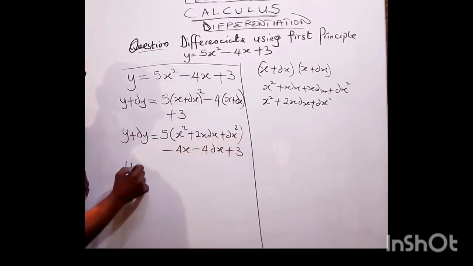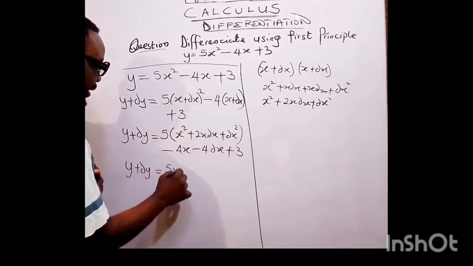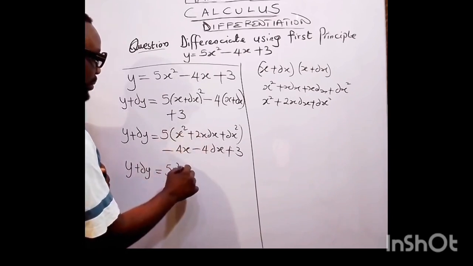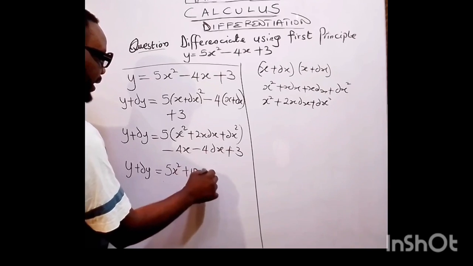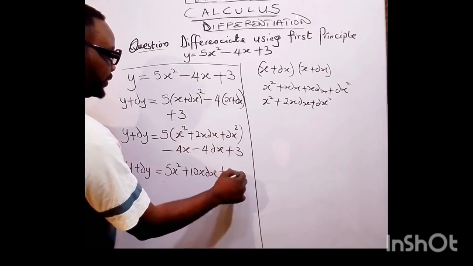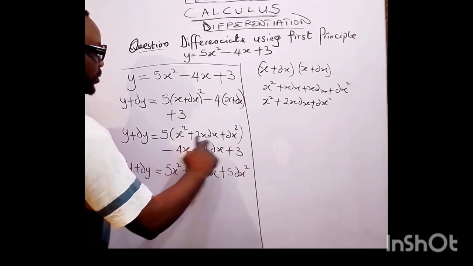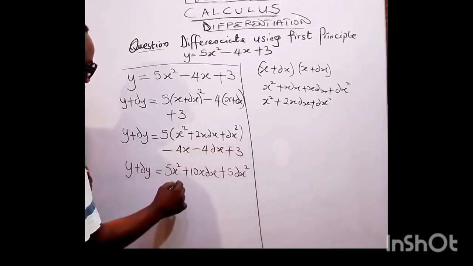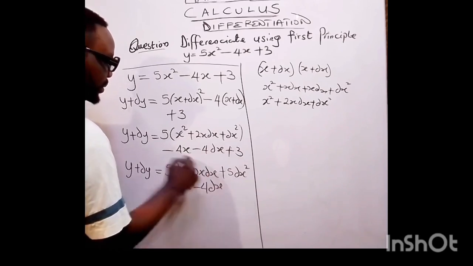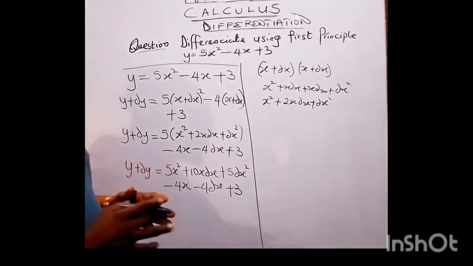So I'm going to have y plus dy equal to 5 times x squared, that will be 5x squared. 5 times plus 2x dx, that's plus 10x dx. 5 times dx squared, that's plus 5 dx squared. Then I've used this 5 to multiply everything here. The remaining value, minus 4x minus 4 dx, plus 3. I think you are clear with what I'm doing now.